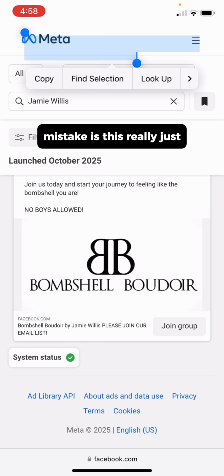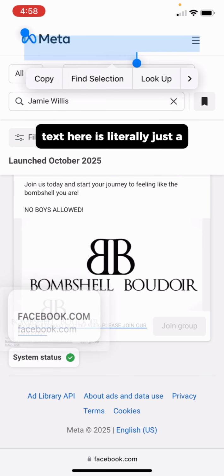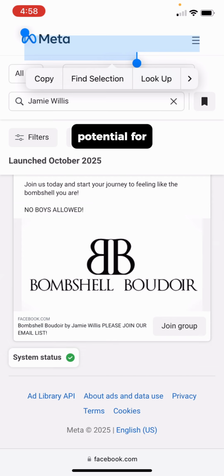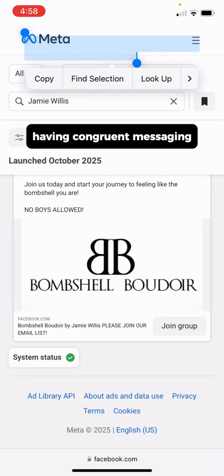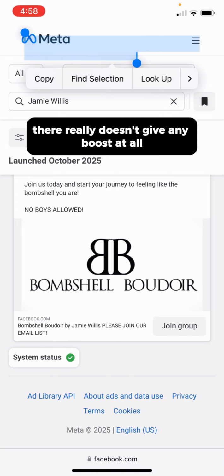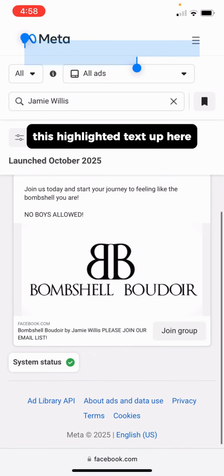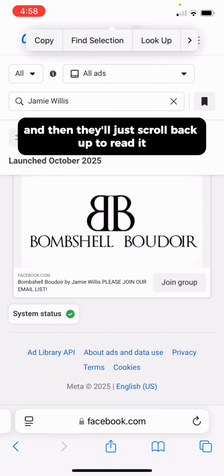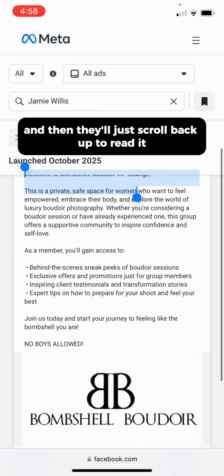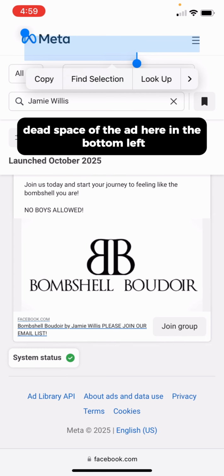The other reason it's a mistake is this text here is literally just a potential for incongruent messaging, and having congruent messaging there really doesn't give any boost at all because their subconscious is processing this highlighted text up here by the time they get here anyways, and then they'll just scroll back up to read it. So this is really a dead space of the ad here in the bottom left.